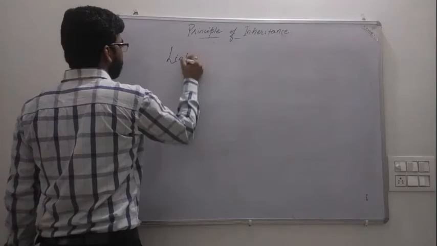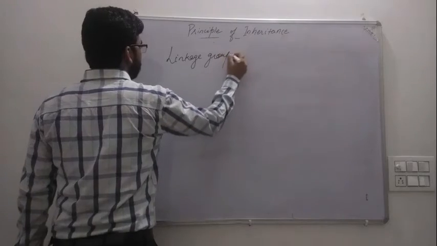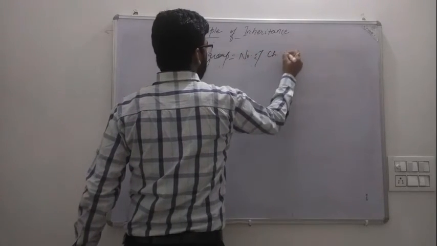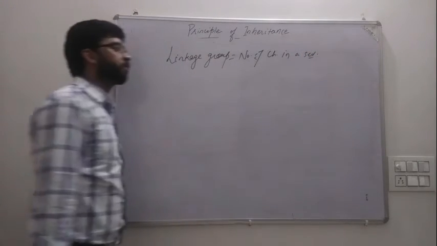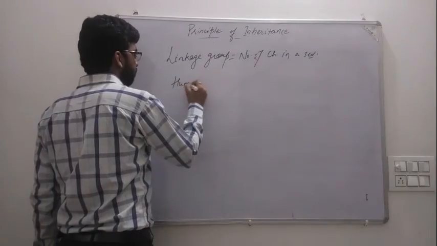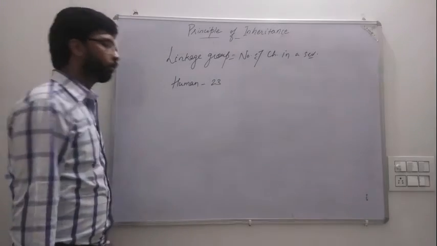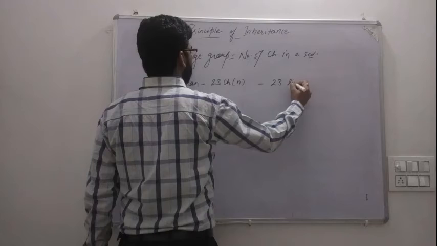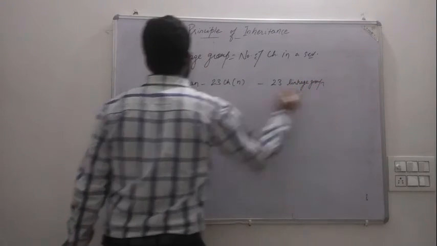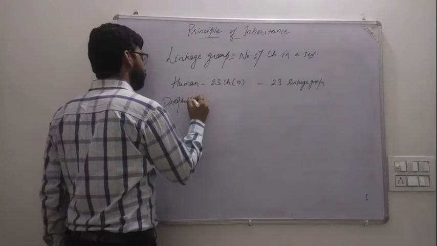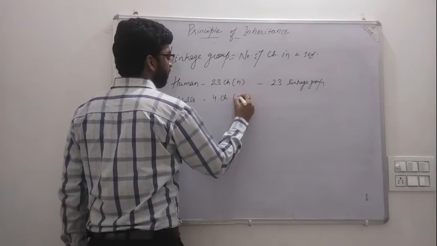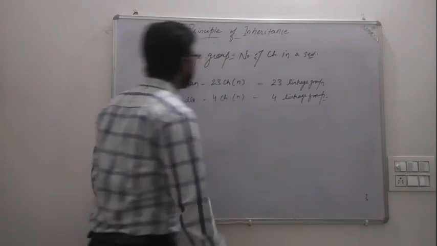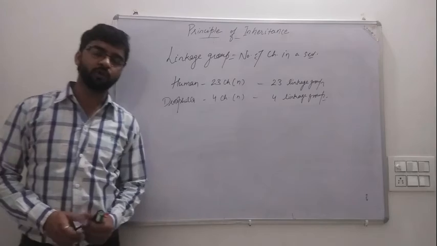Now linkage group. Linkage group means the number of chromosomes in a set.